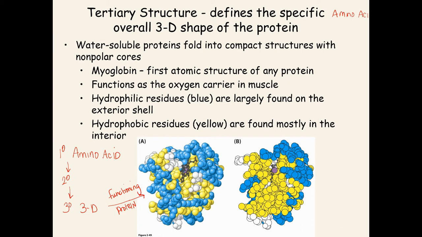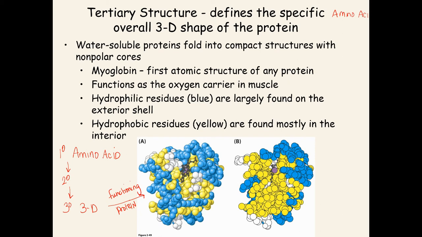It is so amazing that they have one 3D structure that will be functional for whatever the role of that protein is. So next week, we're going to talk more about myoglobin, which is shown here. Myoglobin is an oxygen binding protein, and it's going to give us a good example of tertiary structure and function.